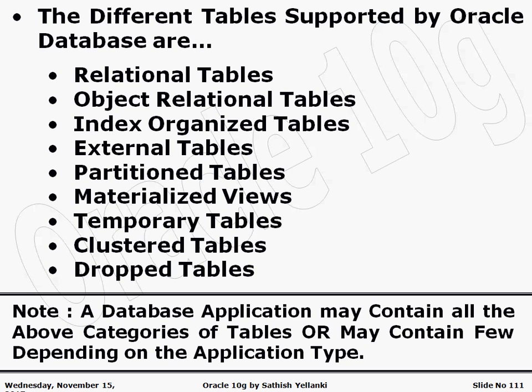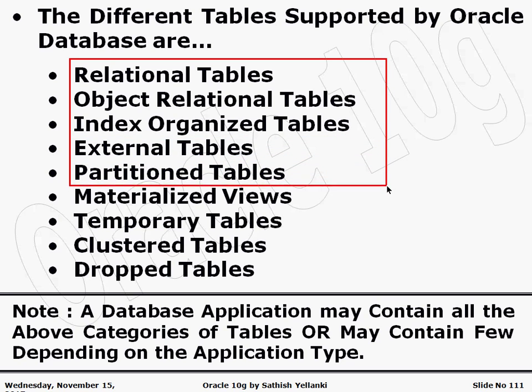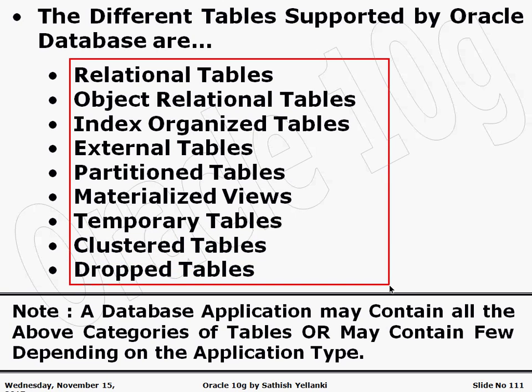As far as Oracle is concerned, there are many different tables Oracle can provide you. One kind is relational tables, and the other kind you can create is object relational tables. You have your index organized tables, external tables, partition tables, materialized views, temporary tables, cluster tables, and dropped tables.